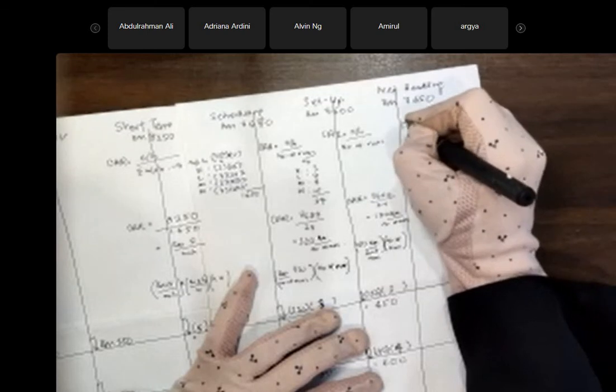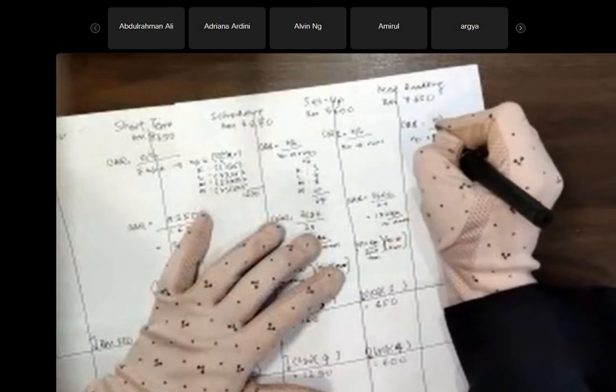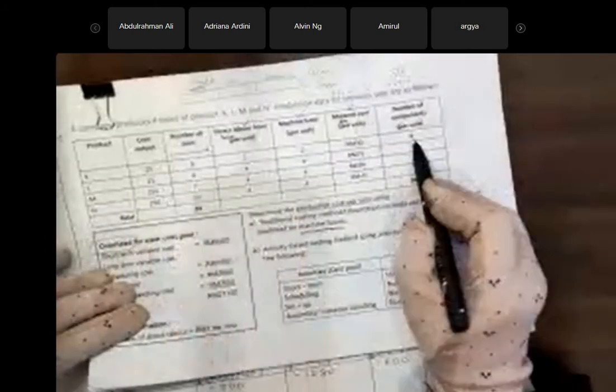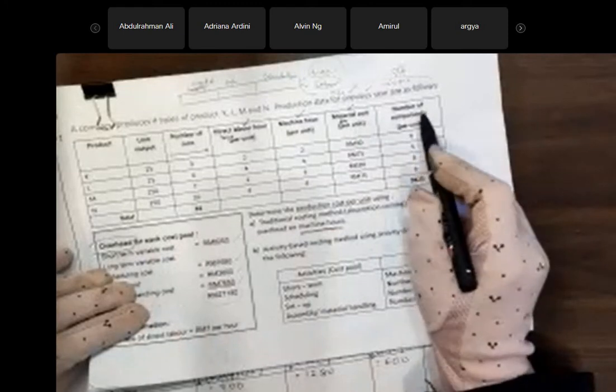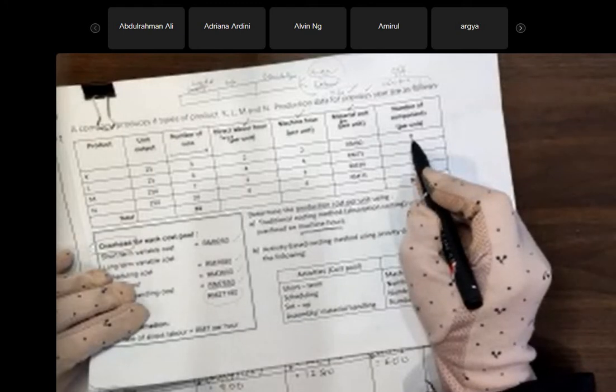And then you have the last one, the OAR based on the overhead based on number of components. What is number of components? Look at number of components here. It is per unit, so the meaning is 8 components per unit.